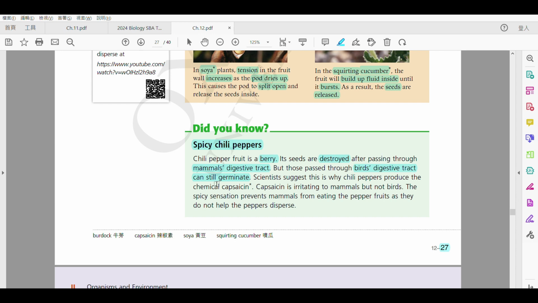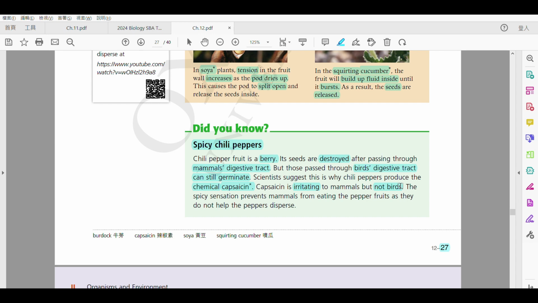produces a chemical, called capsaicin, 辣椒素. So this capsaicin is irritating. They are irritating to mammals, but not to birds. Simply put, when birds eat this chili, they will not suffer.